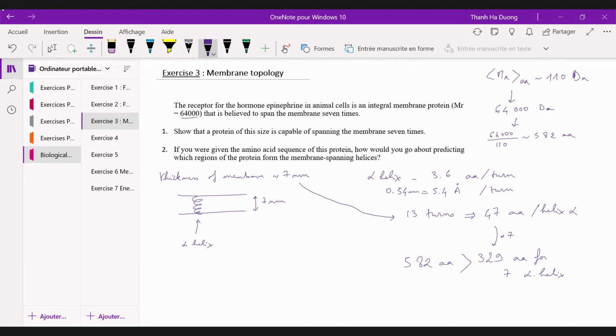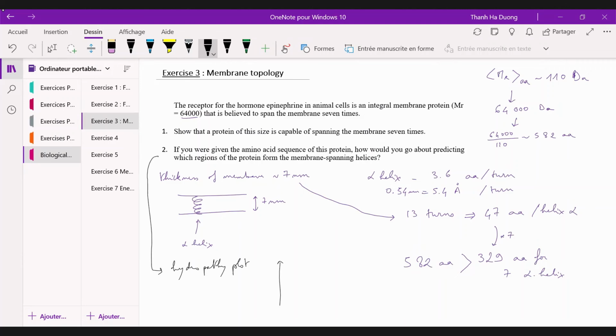So the second question: if you were given the amino acid sequence of this protein, how would you go about predicting which regions of the protein form the membrane-spanning helices? For that, we need the hydropathy plot.